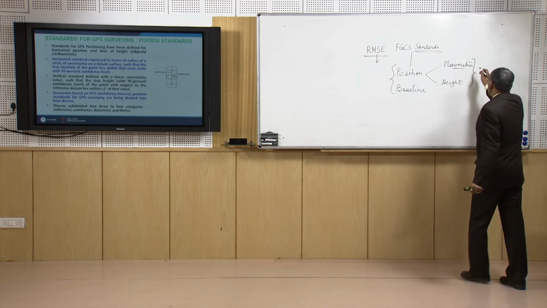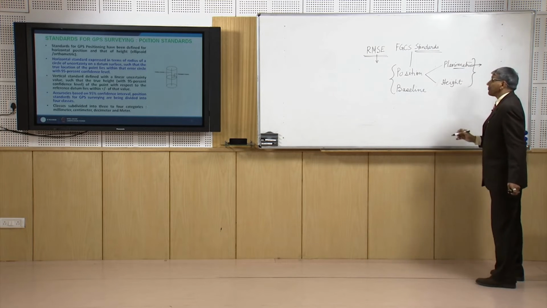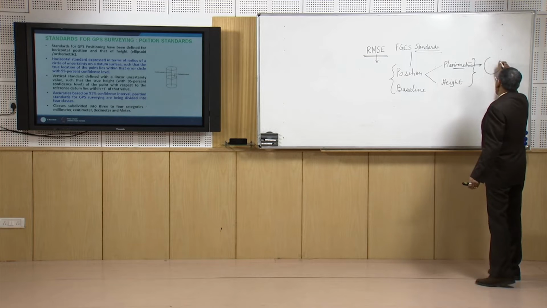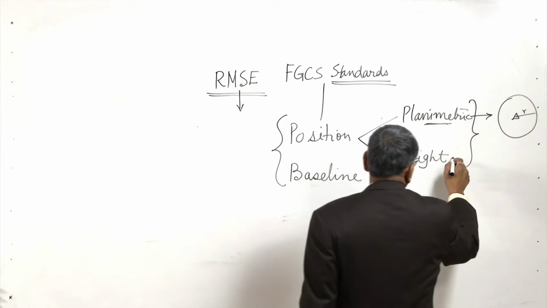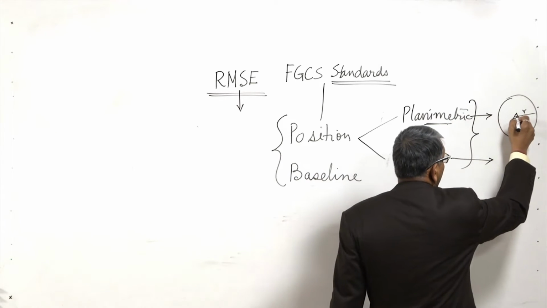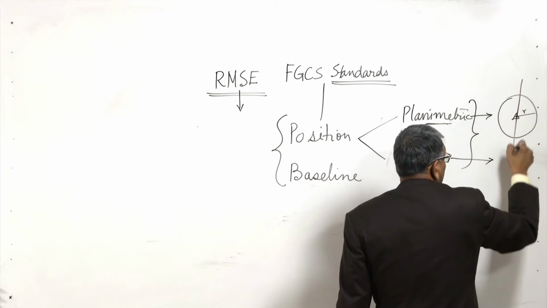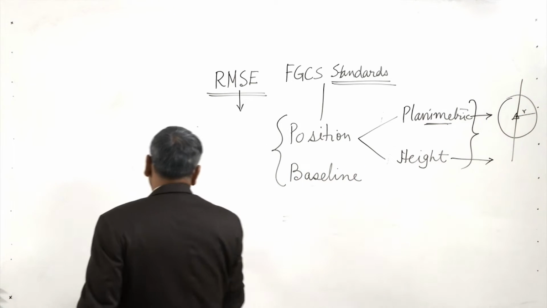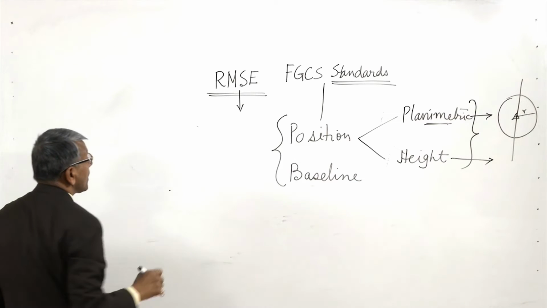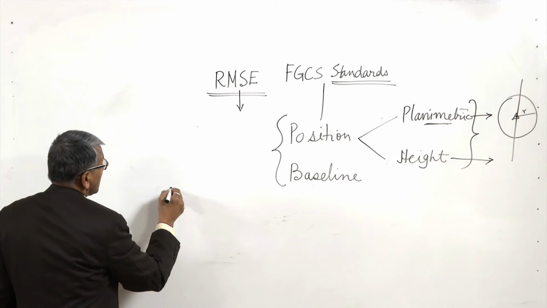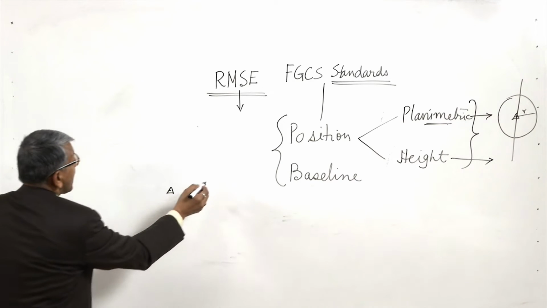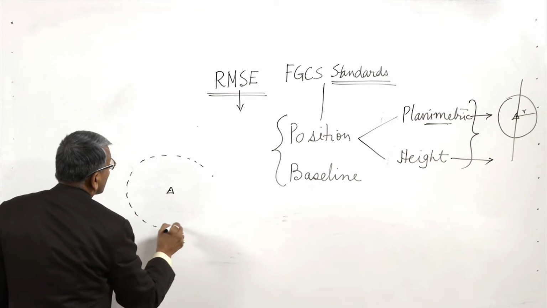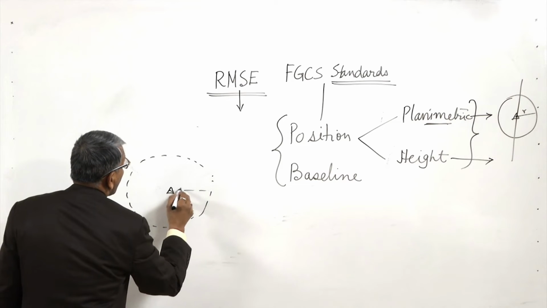Now, the planimetric position standard is defined by a circle of radius r, and height is defined by a line about the center of this. So, if this is the true location, we define a circle having radius r.